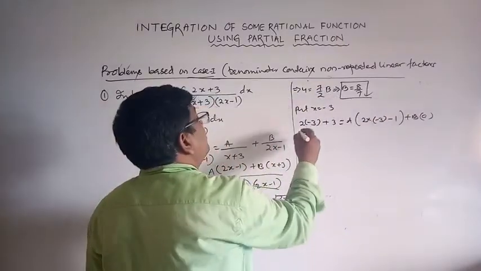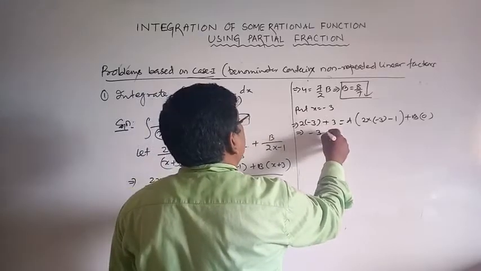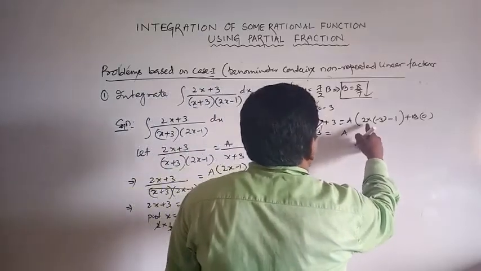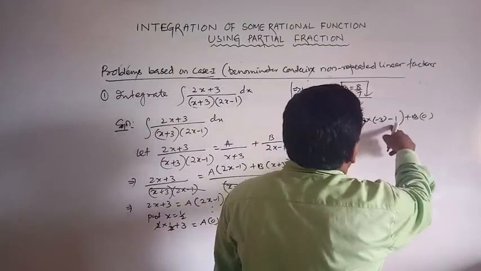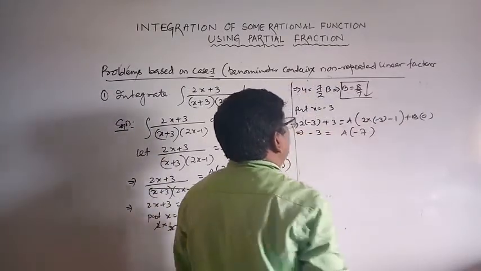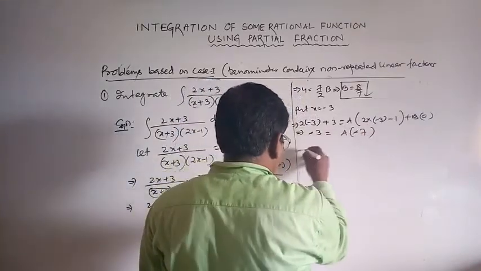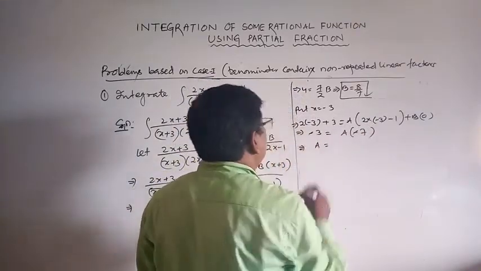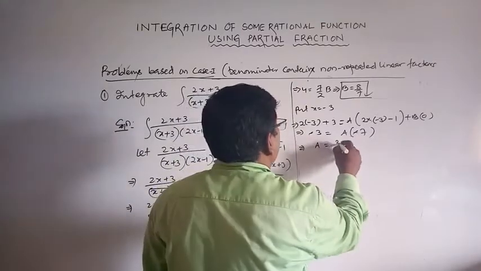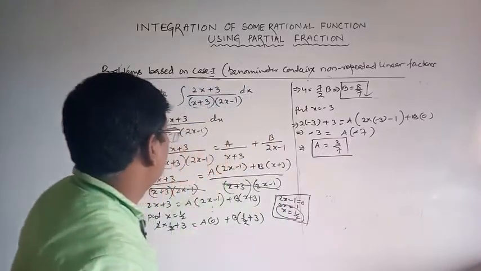So this is -6 plus 3, that is -3, and A into (-6 minus 1), that is -7. Clear? So the minus signs cancel. A is equal to 3 by 7.